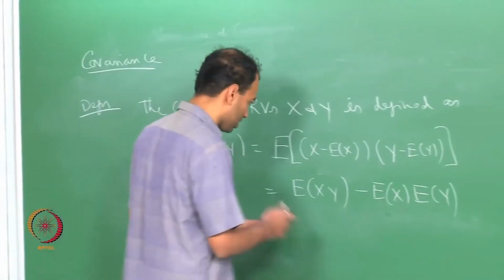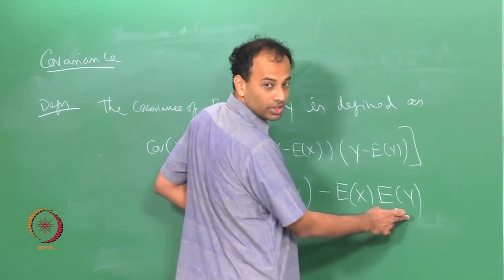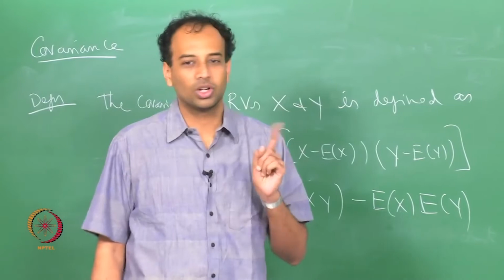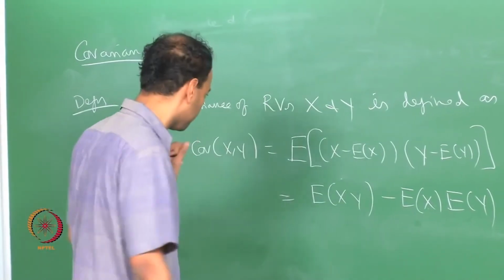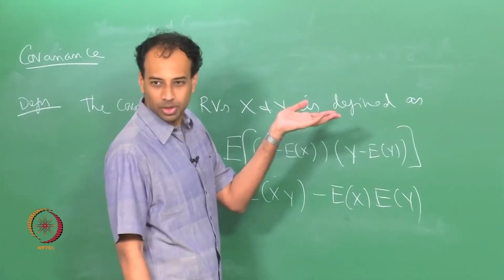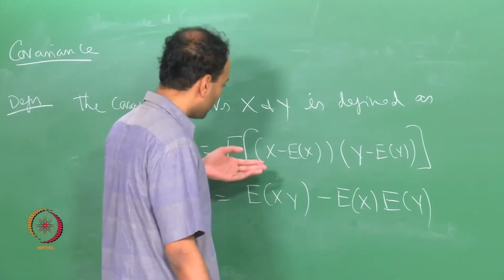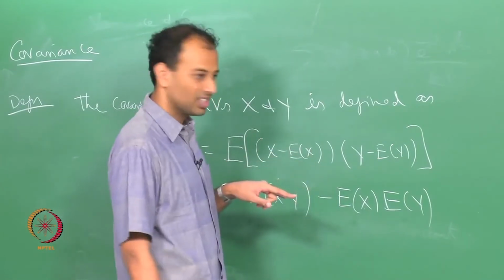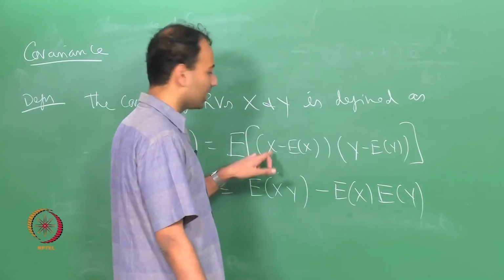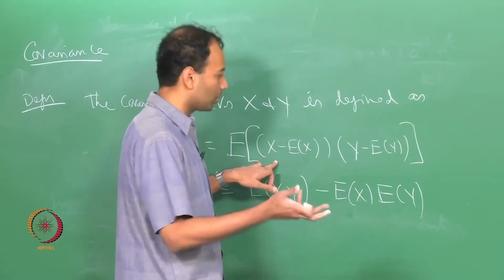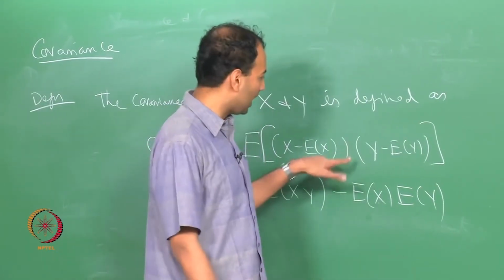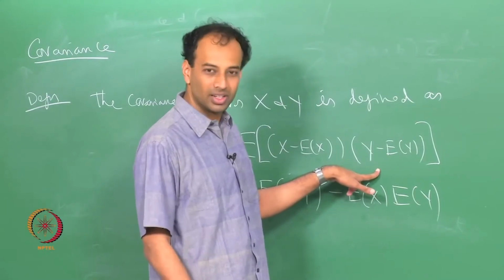This expression is more useful in computing covariance, whereas the other expression gives you better intuition on what the covariance is actually doing. Let us say x and y are random variables on the same probability space. Suppose whenever x is bigger than the expected value, y has the tendency to be smaller than the expected value, then you will have a negative term.